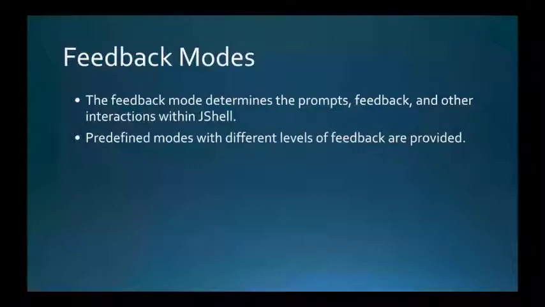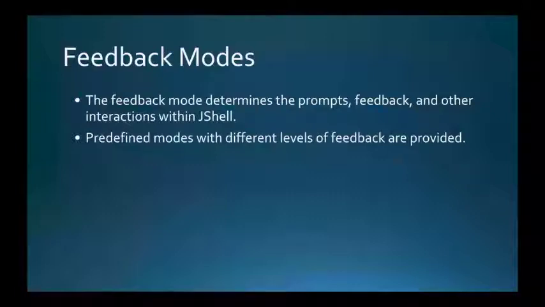It also shows changes to snippets other than the current snippet. So if we make a change or define a class that calls another class, it will tell us, hey, this can't be run until you define the other piece, and then when you add the other piece, it will say, okay, we've gone back and updated all the pieces and confirmed everything works. It also gives you feedback to tell you if it was successful or not, and it indicates the prompt to be used, which will be a new line in the JShell.